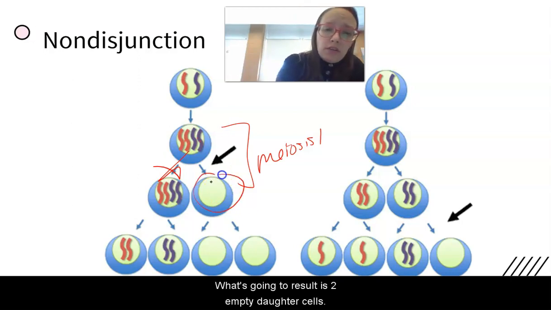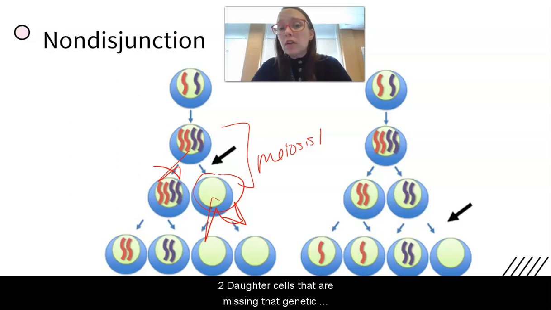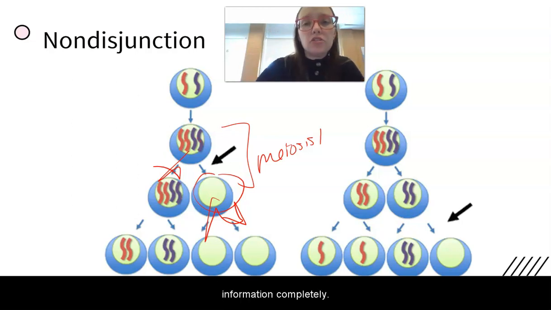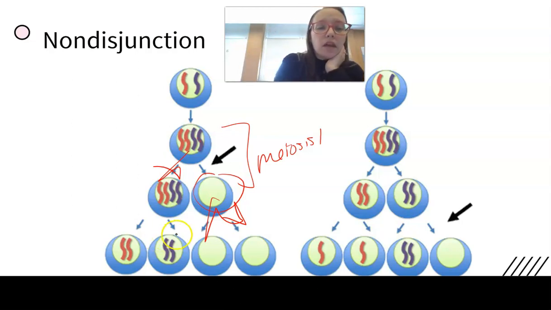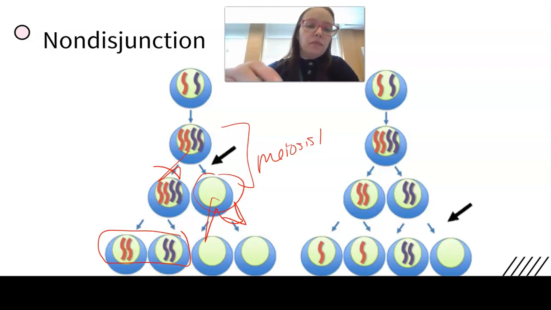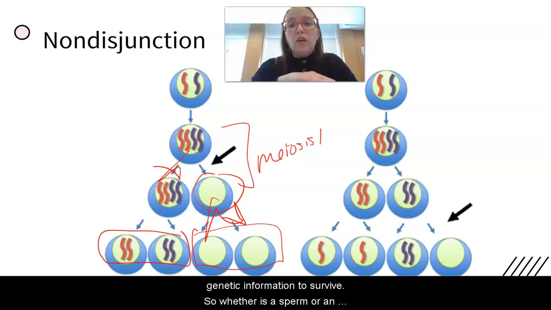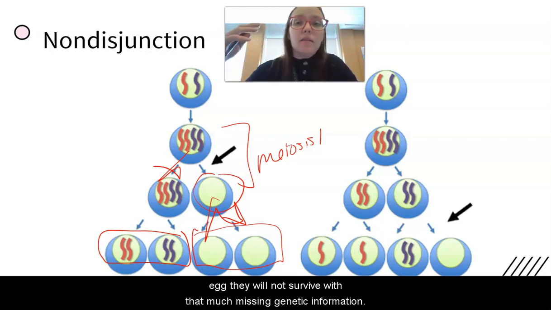So what's going to result is two daughter cells that are missing that genetic information completely. And then I'll end up with two that have extra copies. These cells will not survive. They do not have enough genetic information to survive. So whether it's a sperm or an egg, they will not survive with that much missing genetic information.